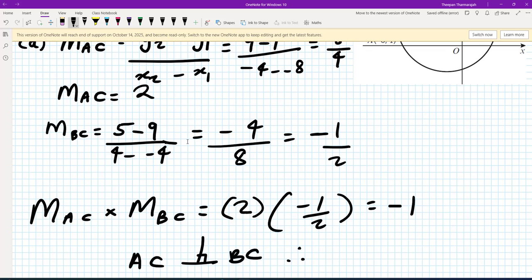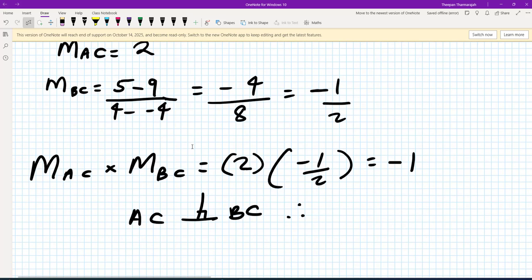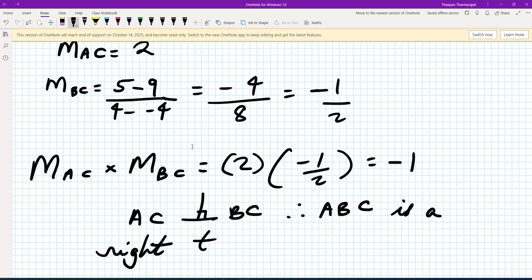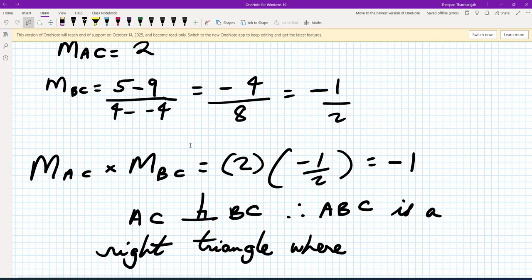Therefore, triangle ABC is a right angle. It is a right angled triangle, where angle ACB is 90.